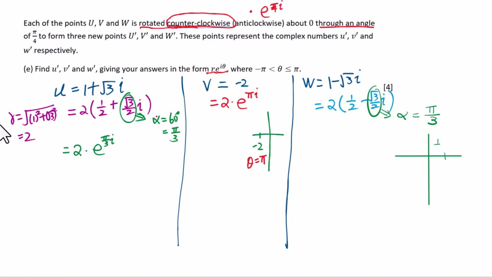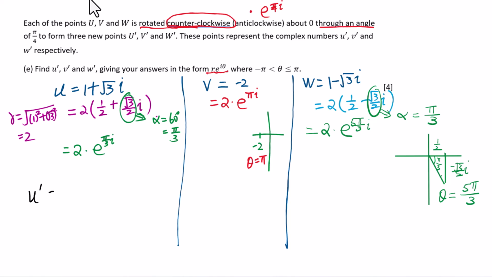This is 1 over 2. Negative square root of 3 over 2. Go to the fourth quadrant. In the fourth quadrant, the argument will be 5 pi over 3. So we get 2 times e to the power of 5 pi over 3 i.